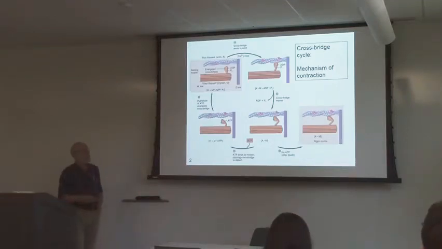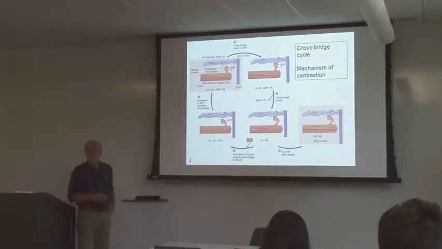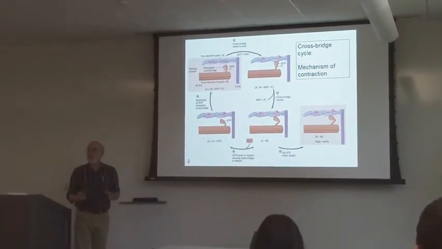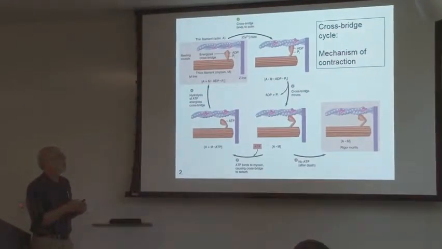So here is the slide that we ended with on Tuesday. I'm of two minds about whether to go through it again. Let me not go through it all, but get some of the main points. The main point is that the dissociation of ADP and phosphate is what triggers the so-called power stroke that allows the myosin head group that is connected to the actin thin filament to pull on the actin thin filament.